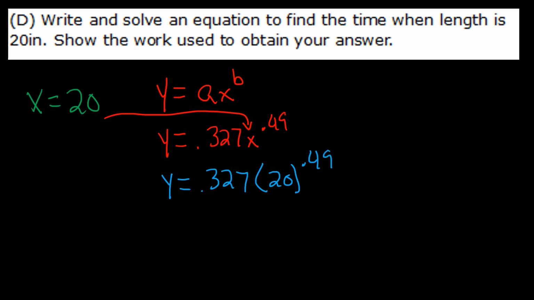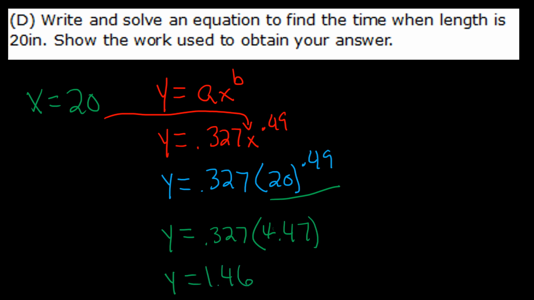So then let's go ahead and do that together. So we'll do this part first. And it's y equals 0.327, and then 20 to the power of 0.49 is roughly 4.47. And then when we multiply that by 0.327, we get that y equals 1.46.